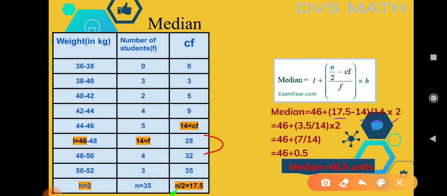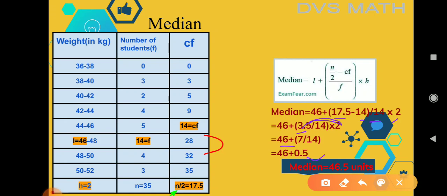So 17.5 minus 14 is 3.5, and 3.5 into 2 is 7, and 7 by 14 is half, 0.5. If we add these two, we get 46.5. So in the graph we got 46.5, and here also we got 46.5.